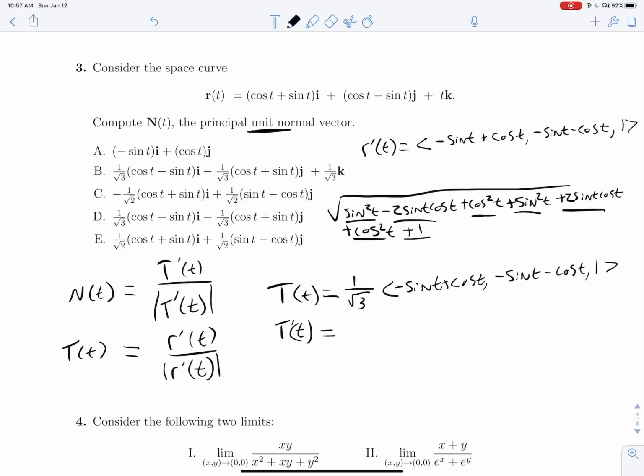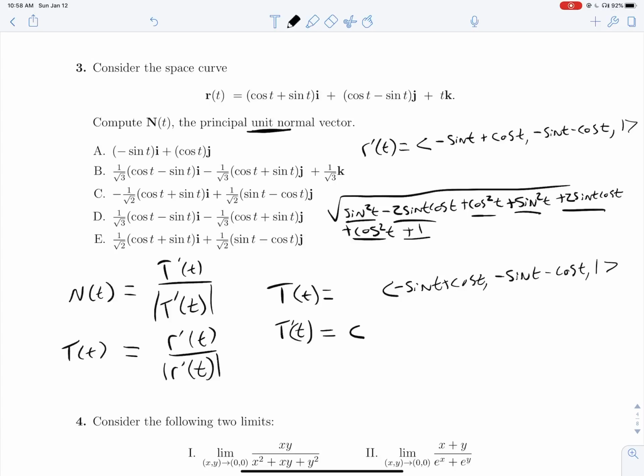What we found here, this 1 over root 3, does not matter. That's going to get canceled out in the end by finding our normal. So it does not matter what magnitude our unit tangent vector is. It doesn't have to be unit necessarily, and it'll make our lives easier if we just drop that right now.